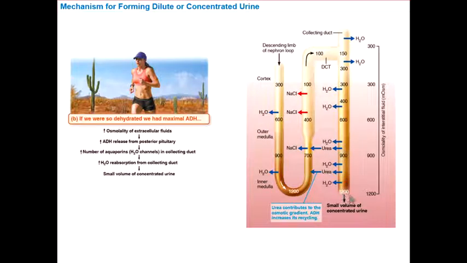So when we get to the end, if we have maximum ADH and maximum aquaporins, we have this isoosmolarity here, so 1200 will equal each other in the most severe case of dehydration. So this is a very small volume of urine, but it's very concentrated at 1200 milliosmoles.